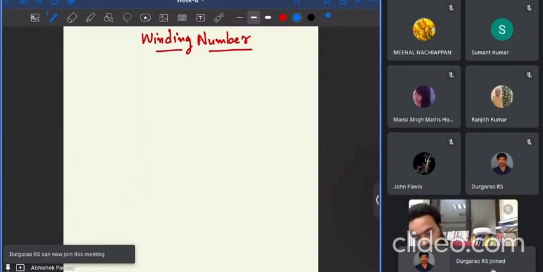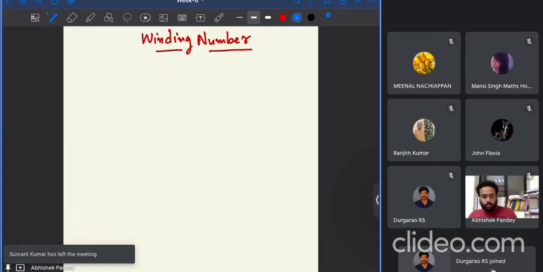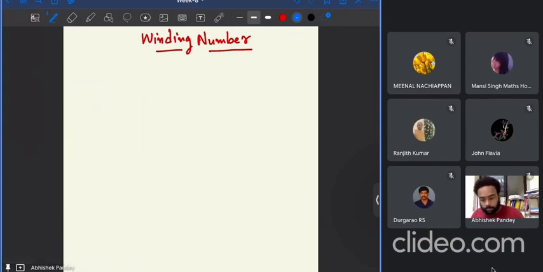So the definition of winding number is. I will just repeat those things, recall those things, and then we will move towards the assignment problem.